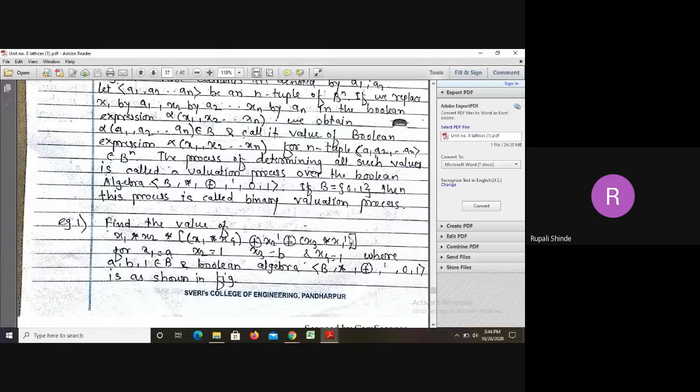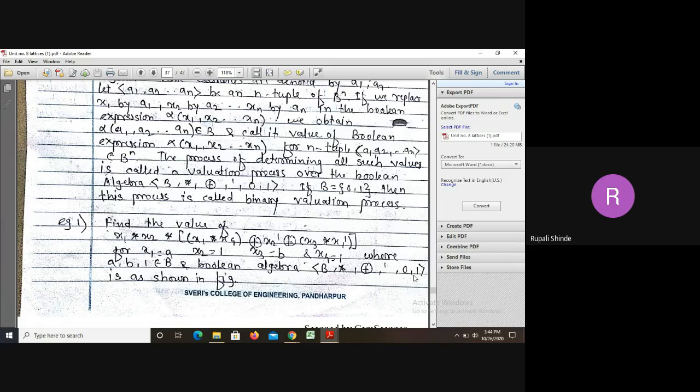Here they have given value of x1 as a, value of x2 as 1, for x3 b, and for x4 1, where a, b and 1 belong to B. So B means what? Boolean algebra. That Boolean algebra is B, star, XOR, complement, 0, 1.